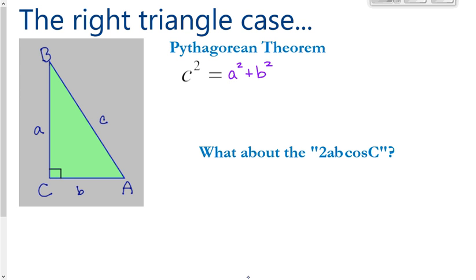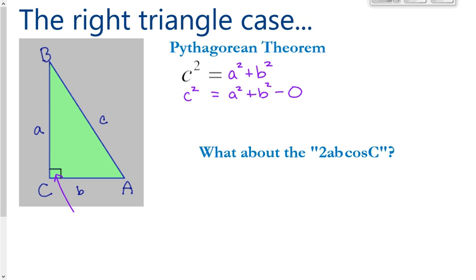Well, hopefully you would agree that a squared plus b squared is equivalent to a squared plus b squared plus 0, or even minus 0. Doesn't feel like I've done very much, but remember that there are special forms of 0, and an example of that would be angle C down here.